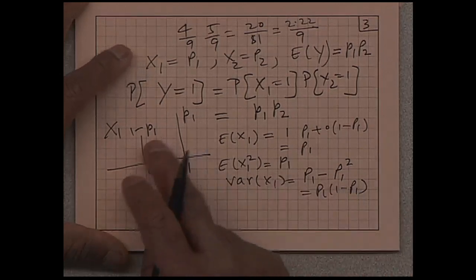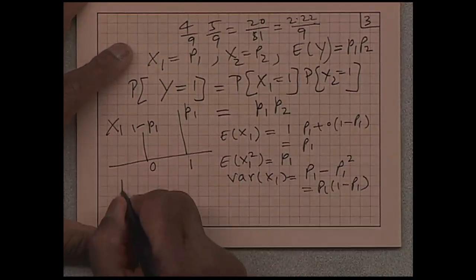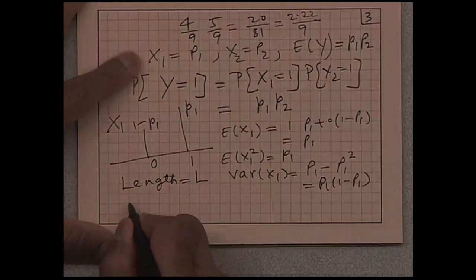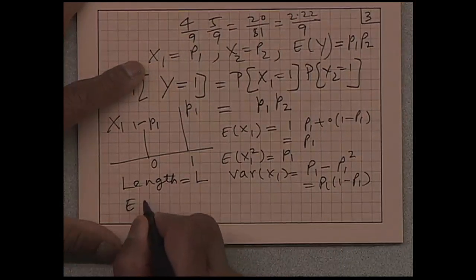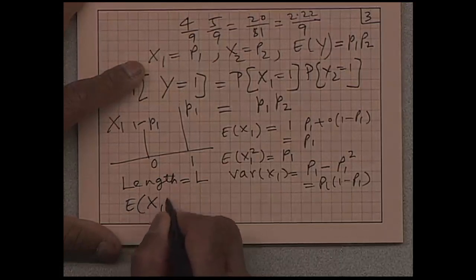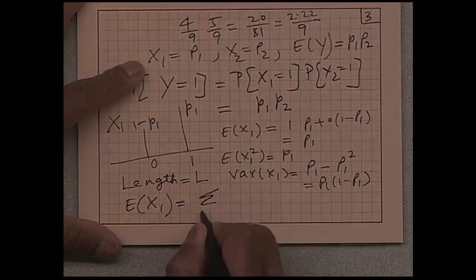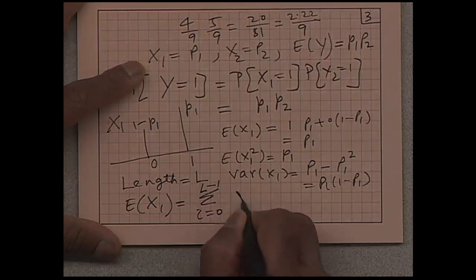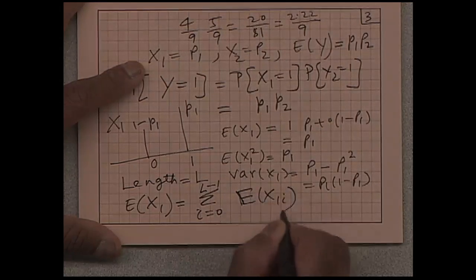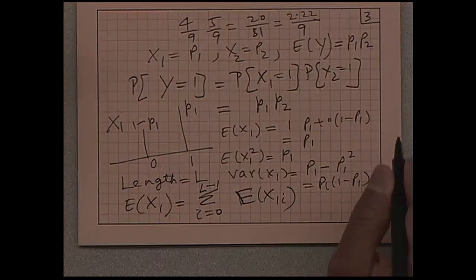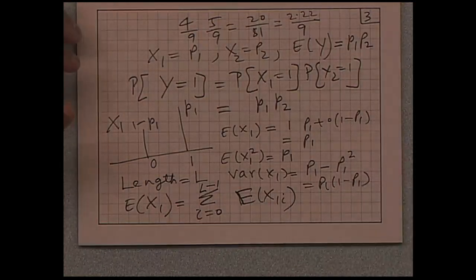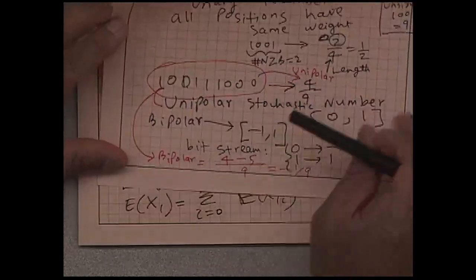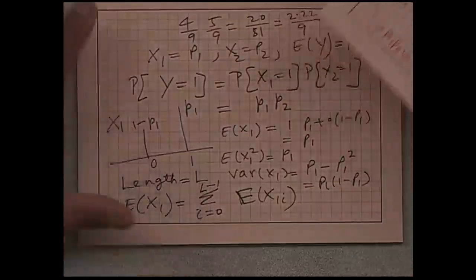Now, if this is the probability of any bit, and I assume the length of the bit stream to be L, then the expected value of x1 is the sum over i equal to 0 to L minus 1 of the expected value of x1 i. So x1 is represented using L unary bits, and for each bit the probability of being 1 is P1 and of being 0 is 1 minus P1.